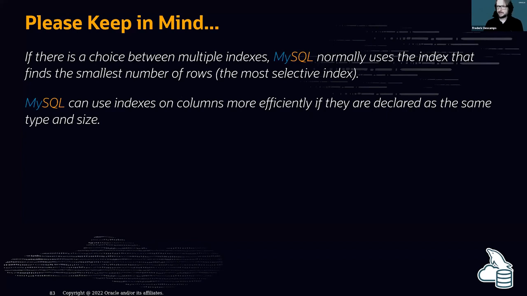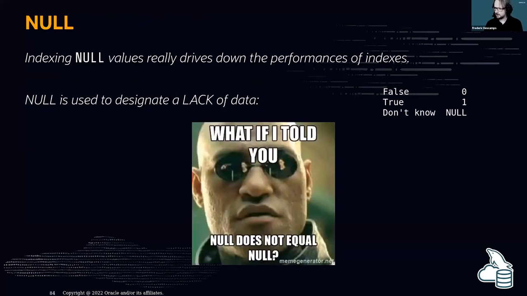Something to keep in mind is that if there is a choice of multiple indexes, MySQL will use the index that finds the smallest number of rows and the most selective one, right? Of course, for joins, it will be better if you join two tables and declare the two columns you join with the same type and size.